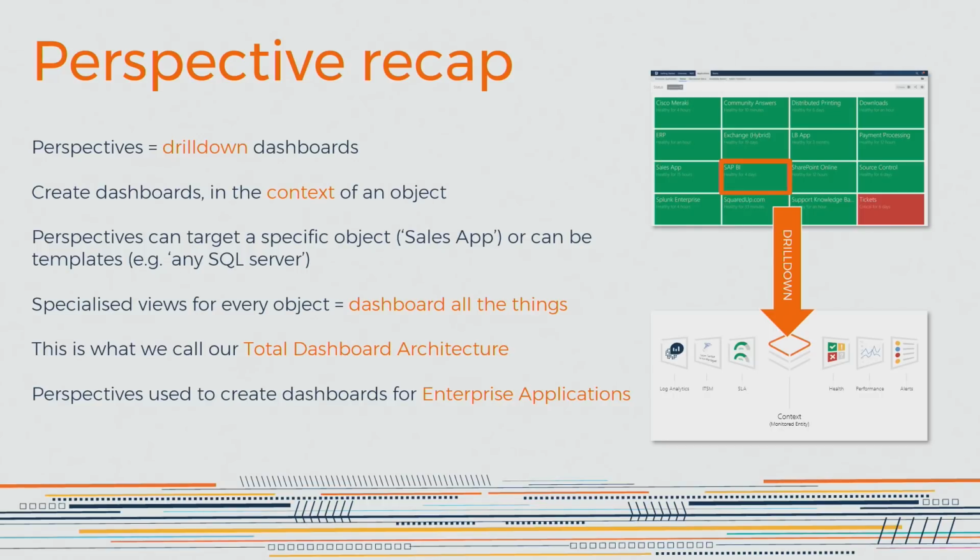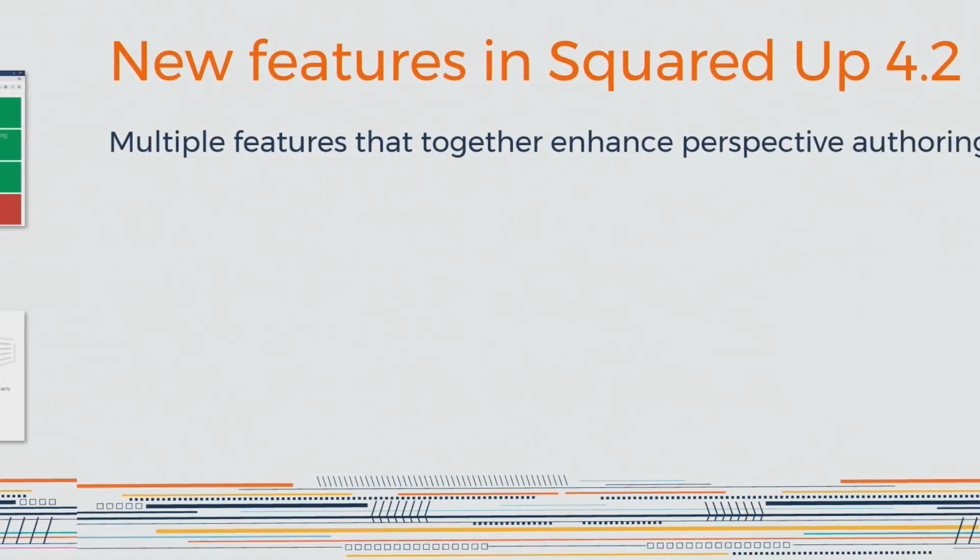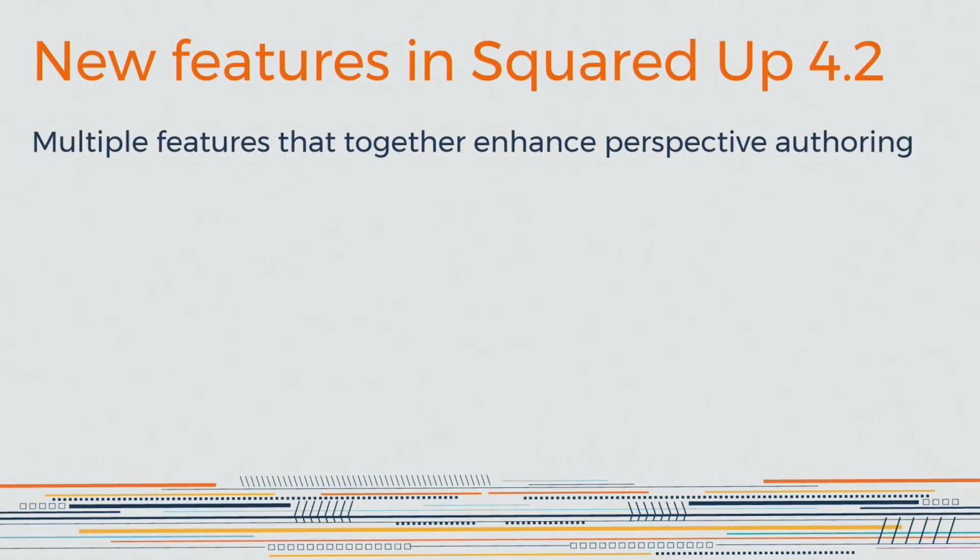So if you want to create custom dashboards for your applications, either a particular application or again a template dashboard that appears for every one of your applications, you now do that using perspectives rather than top-level standalone dashboards. So this was why we really wanted to focus on perspectives in 4.2, to make that enterprise application dashboarding even easier.